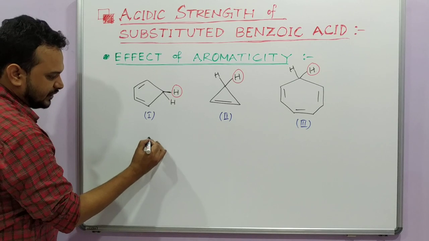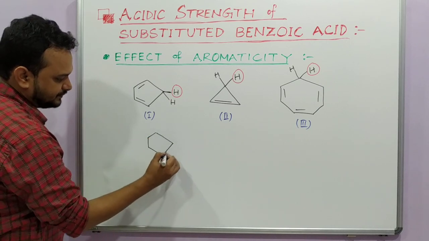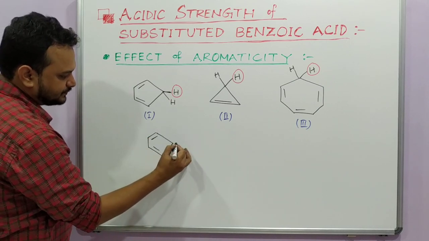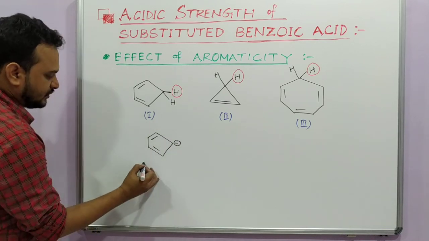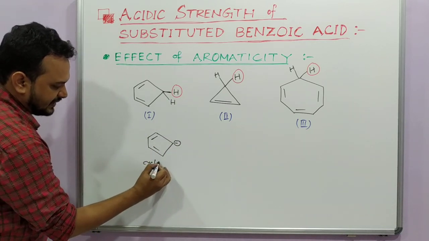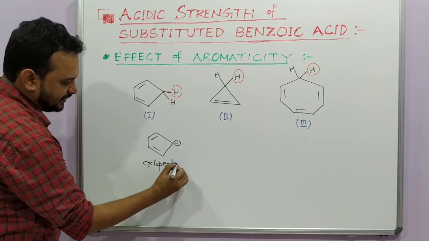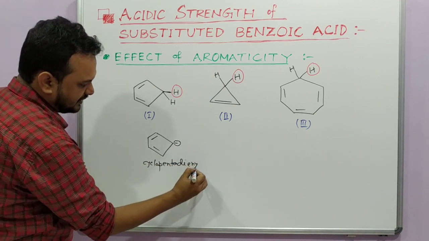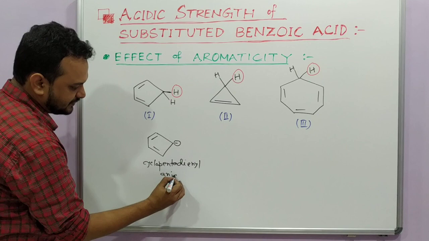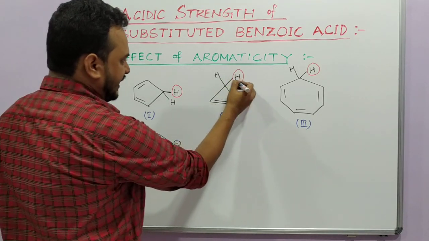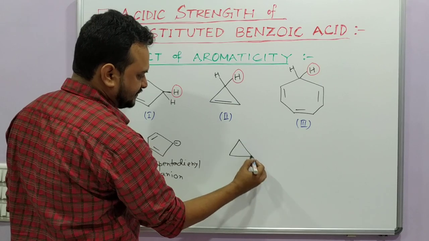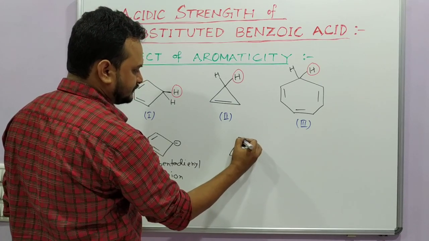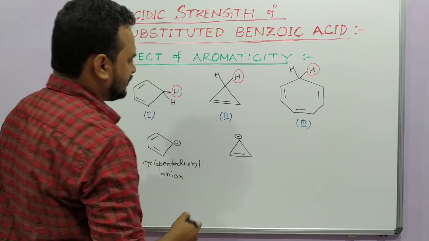then the conjugate base that is obtained will be this, minus charge, one hydrogen is there. So this is your cyclopentadienyl anion, right? If I remove H plus from here, what I will get as the conjugate base, right?